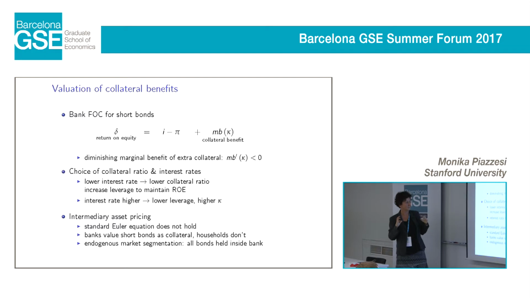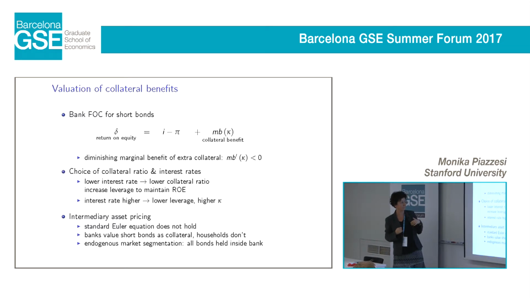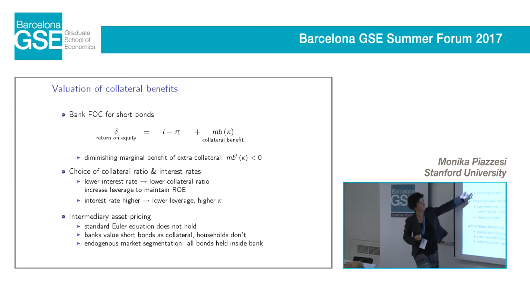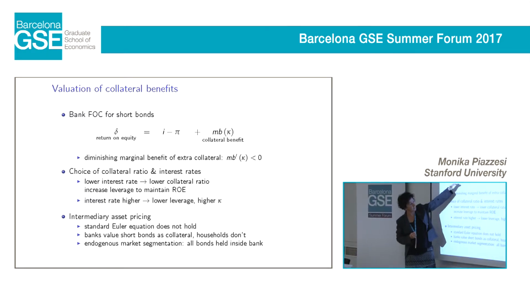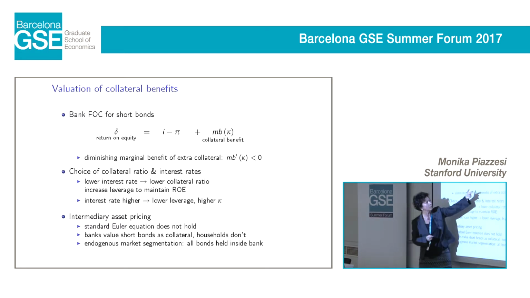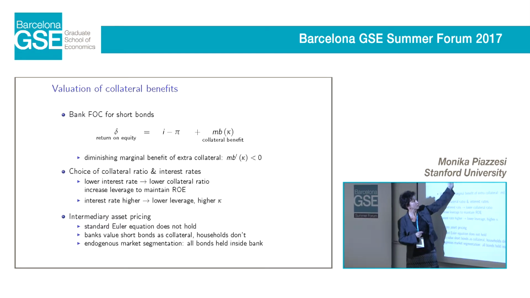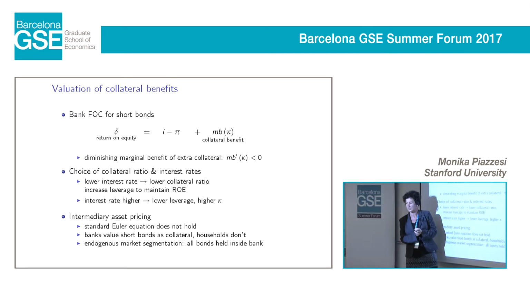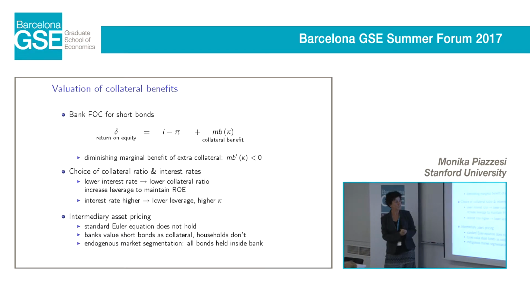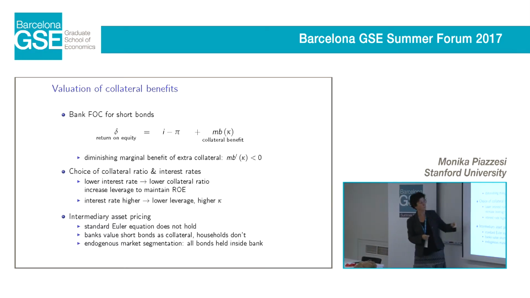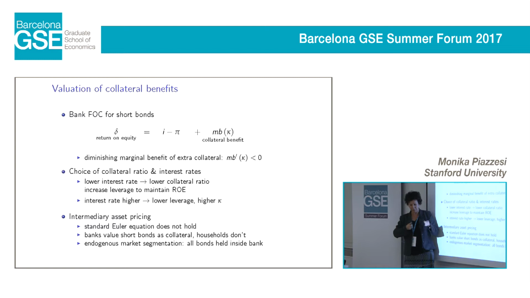Banks will have to make a choice of this collateral ratio. They have this equation in mind, and if interest rates are lower here, because the return on equity is fixed, they will choose a lower collateral ratio. In particular, they will think about how to choose their leverage to maintain the same return on equity.